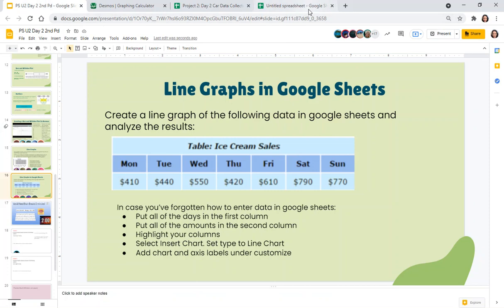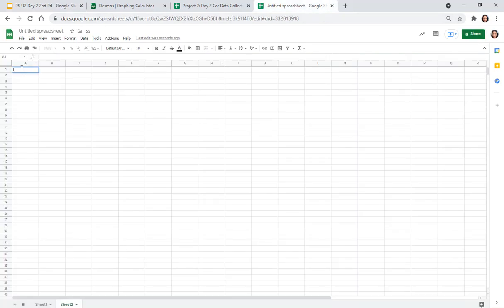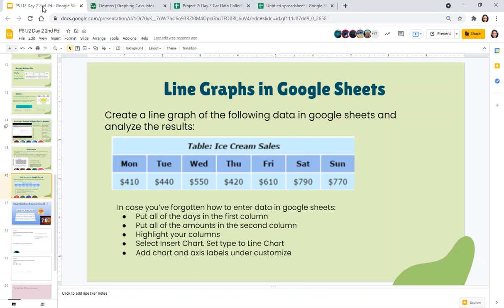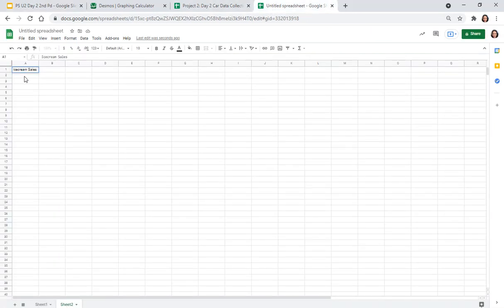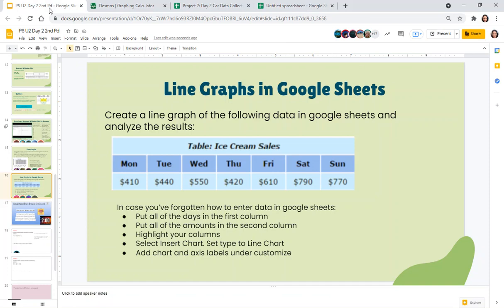So I'm going to give that title in A1, ice cream sales. And then I believe we're doing the days, Monday through Sunday. Monday, Tuesday, Wednesday, Thursday, Friday, Saturday, and Sunday.